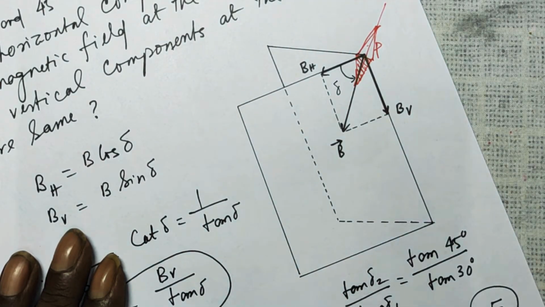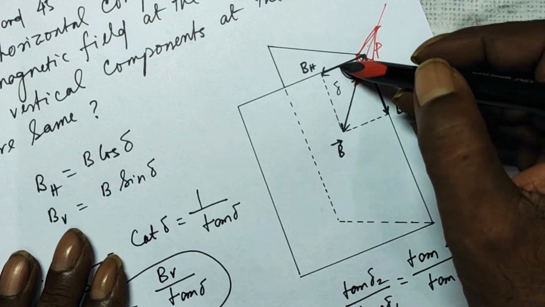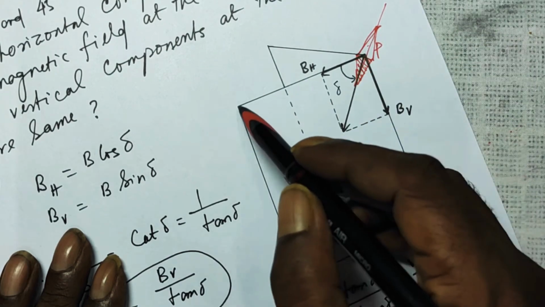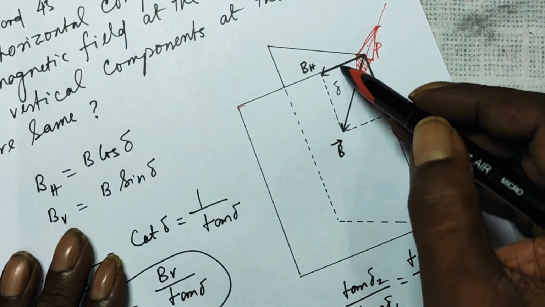The plane called the magnetic meridian means a vertical plane which contains the magnetic north, the magnetic south and the place. And look by what angle it has dipped from this horizontal line, which is also in the magnetic meridian, by this angle.